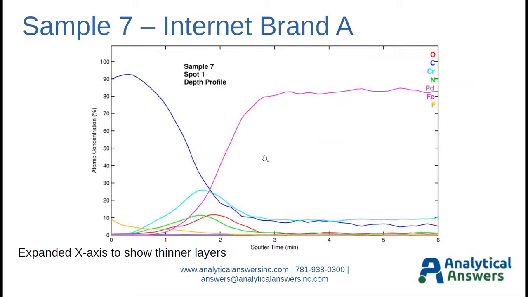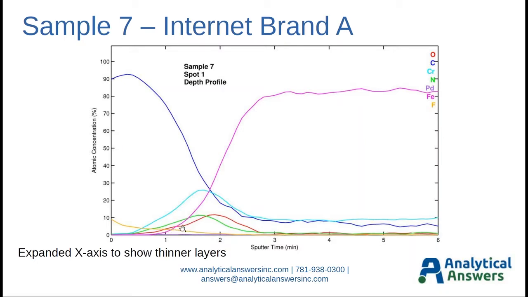When we look at Internet brand A, we see that although I took some steps to remove some of the surface lubricants before depth profiling, because it takes a while to burn through those to get to the layers, the fluorocarbon / organic lubricant package on this sample actually was quite tenacious and didn't come off as easily as it did on the other sample.